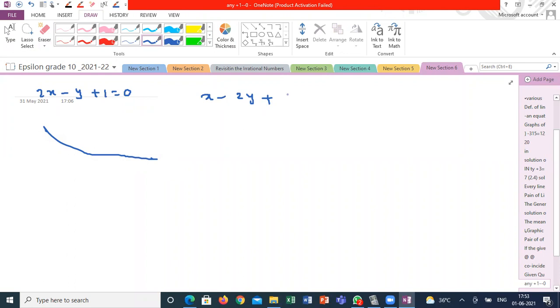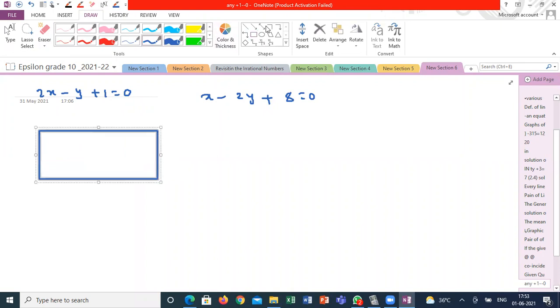X minus 2y plus 8. I hope you are having graphs. I'm taking two tables. It will be easy to represent using the tables.